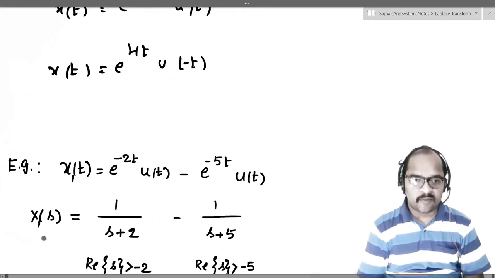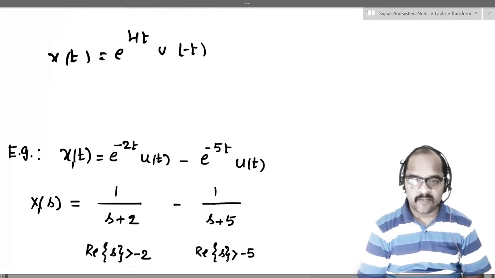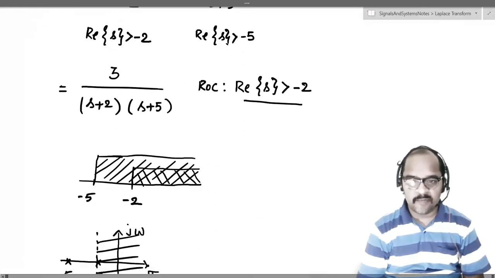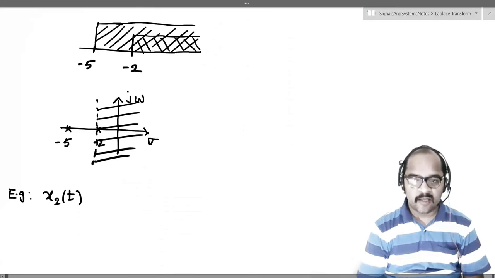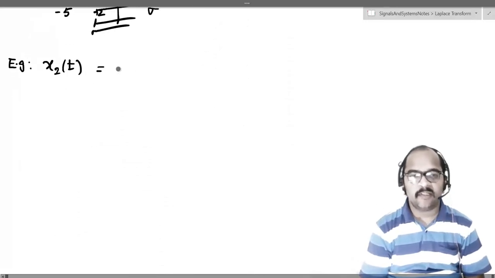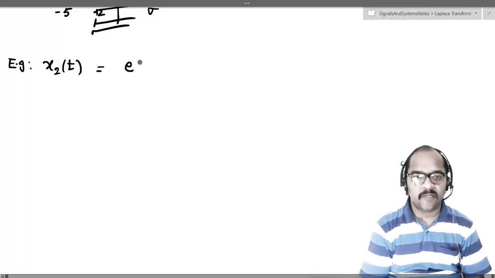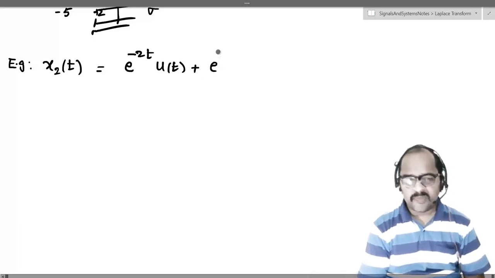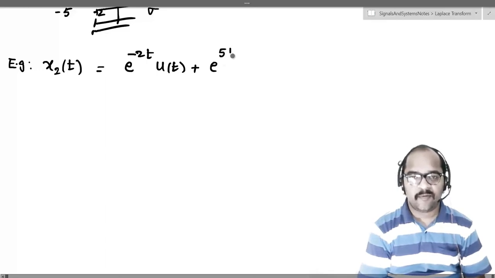So x1 of t has x1 of s as the Laplace transform, which is 3 by (s plus 2)(s plus 5). Now let us take the second signal x2 of t, which is equal to e power minus 2t u of t plus, I'll take e power 5t.